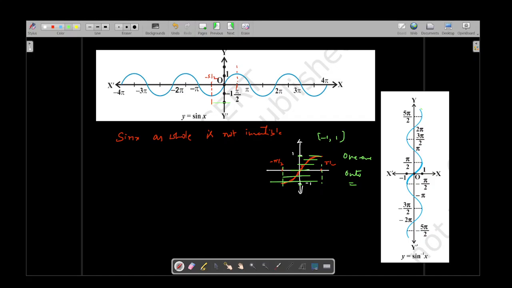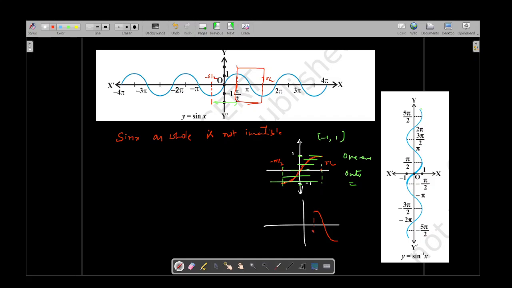Not only this interval, there are many such intervals where the sine function is invertible. Like if I take the next interval, from 3 pi by 2, if I take this part of the sine wave, I can write sine like this.